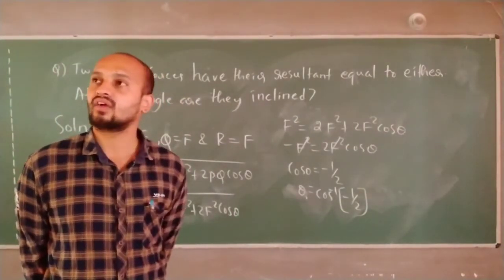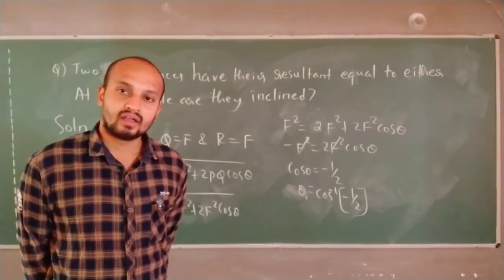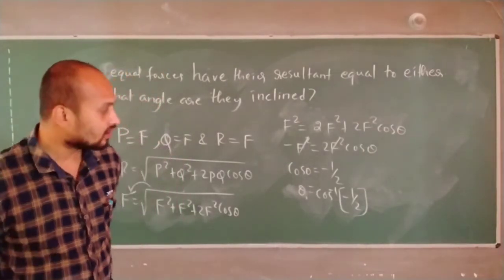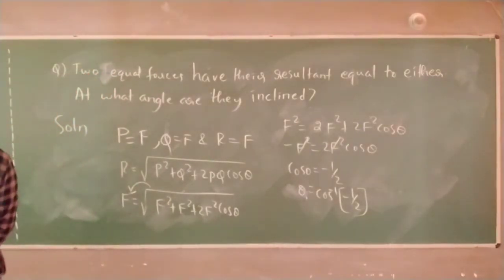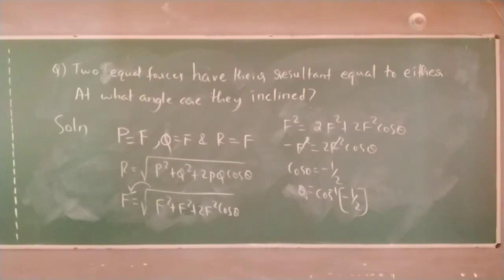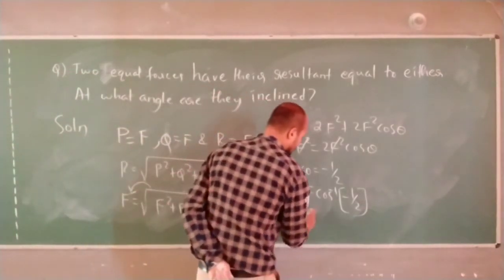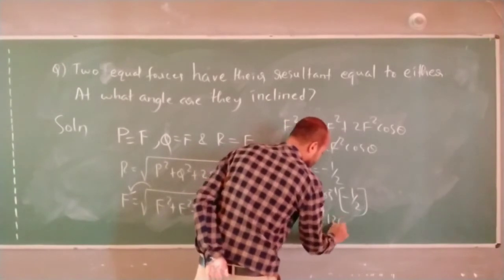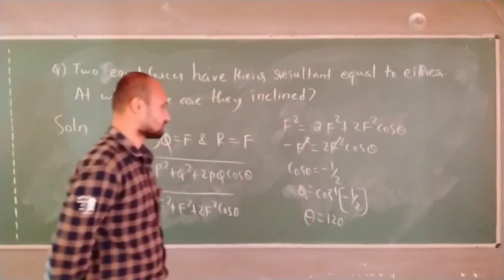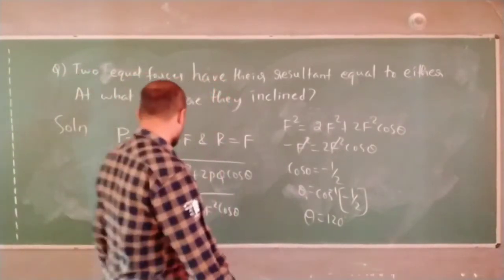Now if you go to the second quadrant, cos of minus 1 by 2, for the same value of 60 degree, how much does it have to be? It has to be 120 degree. So theta is equal to 120 degree.